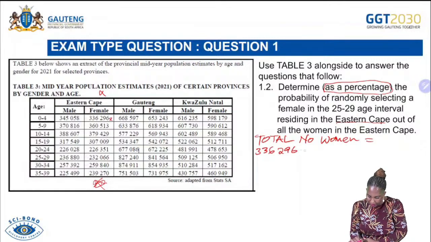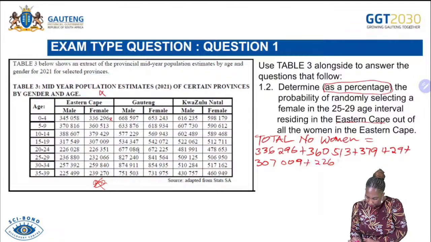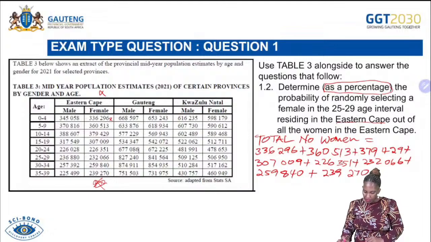I'm going to add all these figures, plus 360,513 plus 379,429 plus 307,009 plus 226,351 plus 232,066 plus 259,840 plus 239,270. Now let's quickly add.